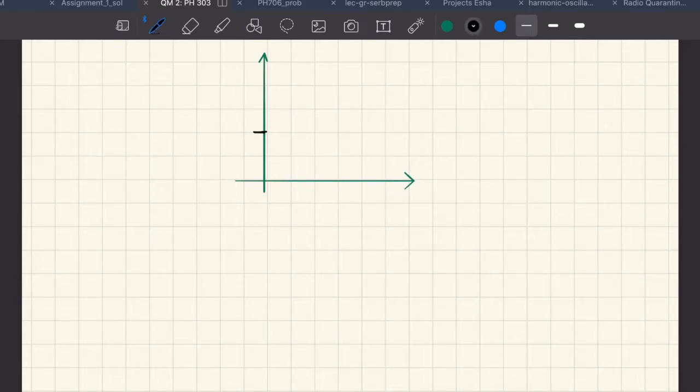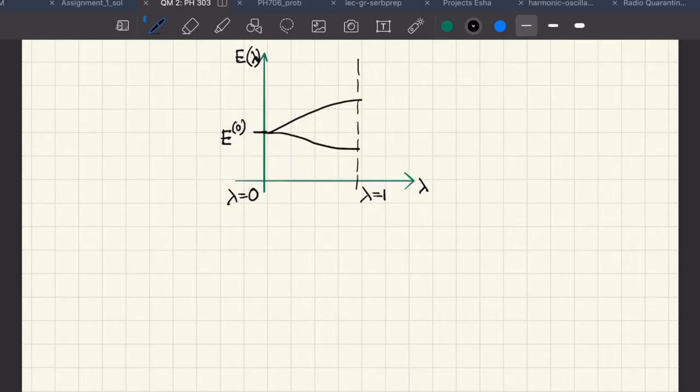Suppose this is the value of your unperturbed energy E naught. Along this you are having E of lambda, along the x axis you have lambda, and you already know that lambda can take values from 0 to 1. So what this says is that you can have something like this after you have introduced your perturbation.